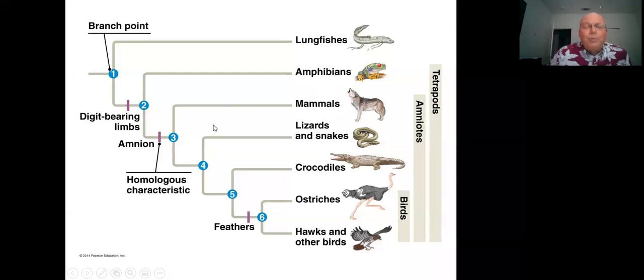What I want to point out to you is that when we do sequence analysis of both proteins that are found in common amongst these species, and we do DNA analysis of genes that are found in common amongst these species, they support this particular tree diagram.